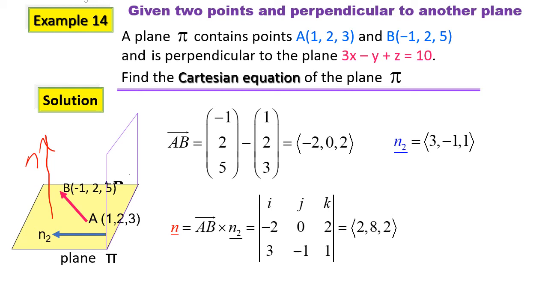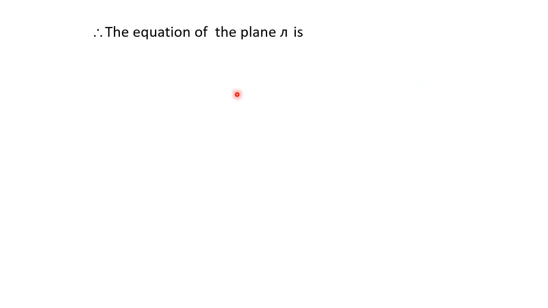AB we already calculated earlier, and this is n2 from the other plane. So you perform the cross product here, and I just give the answer here, that is (2, 8, 2). After we find our n, we can find the equation of the plane.